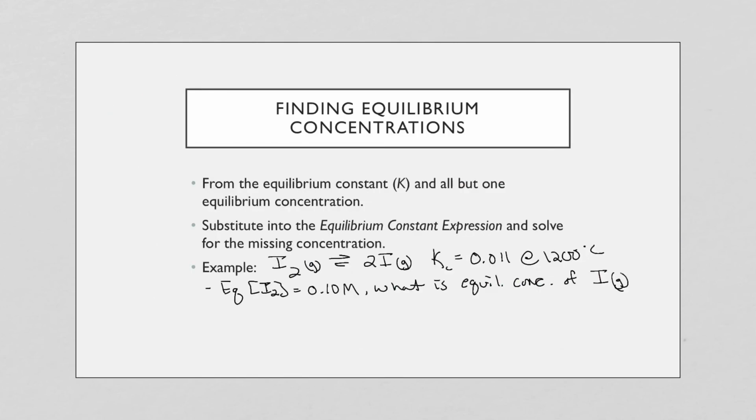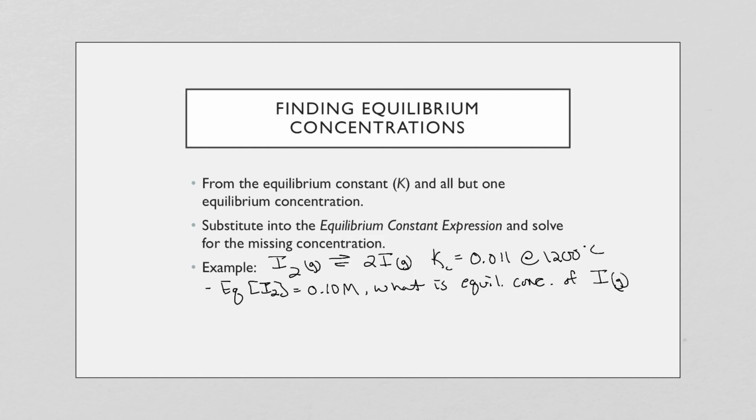Now, we're going to look at some types of problems where we're going to maybe utilize that. But before we get to one where we're actually going to utilize Q, the general type of problem we're going to be solving is to find the equilibrium concentrations when we can't do it stoichiometrically, put it that way.